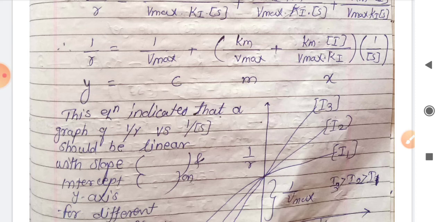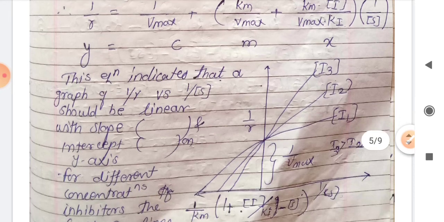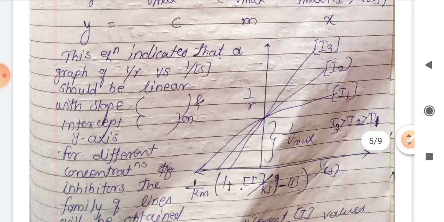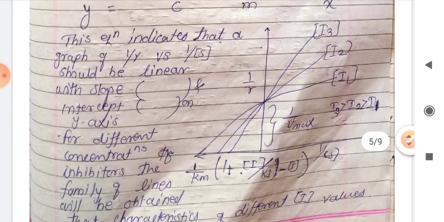So which constant is going to change, that you also need to tell. That type of question might be asked in your MCQ based exam, and in a theory based exam you might be asked for the simple derivation of the competitive inhibition mechanism.